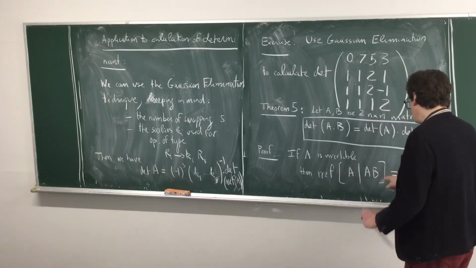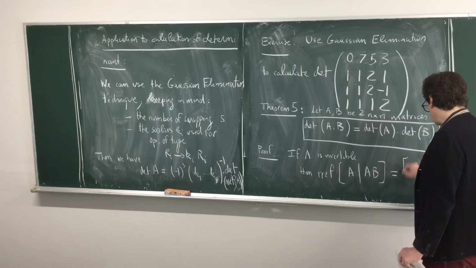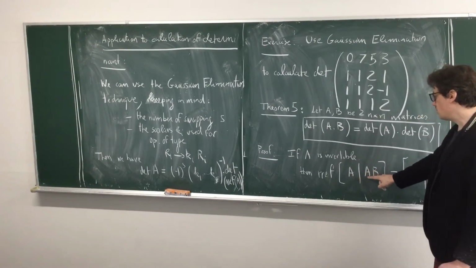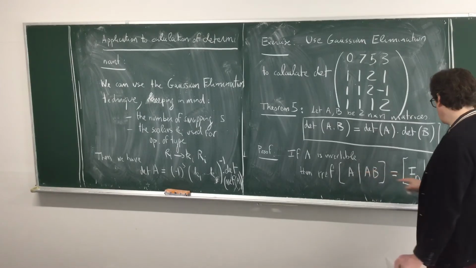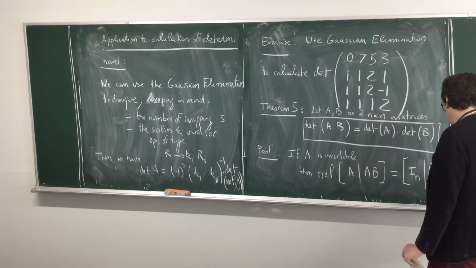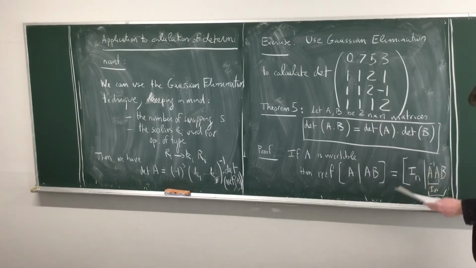Then we know that the RREF form of A will be the identity. So here we will get the identity, and here we will get A minus 1 times the product on the left. So we will get A minus 1 AB. As you can see, A minus 1 A is identity, identity times B is B. So we will get identity and B.